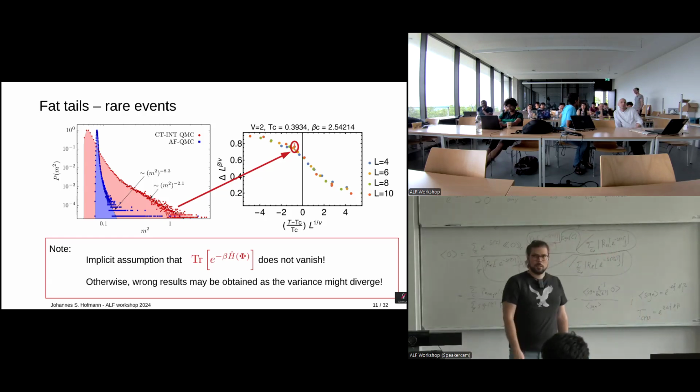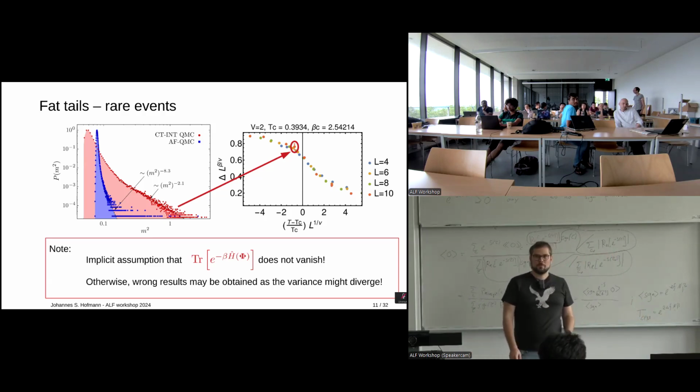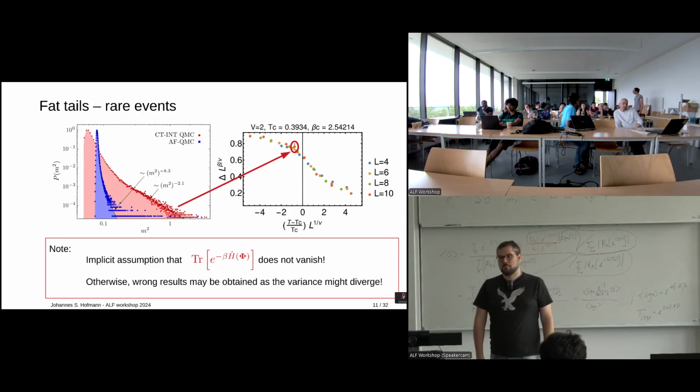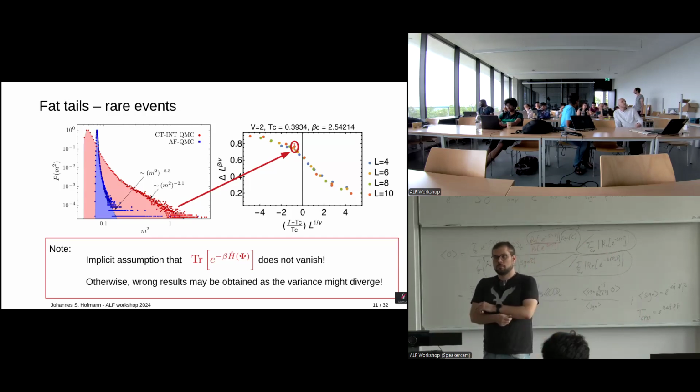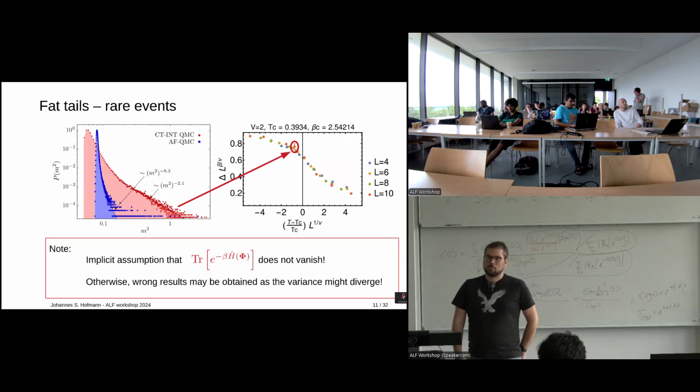If you have domain walls, so that the manifold which carries zeros of the determinant has dimensionality n-1, then at least in four-fermionic observables, where you have two Green's functions, the fat tail is bad enough that the variance is not defined.